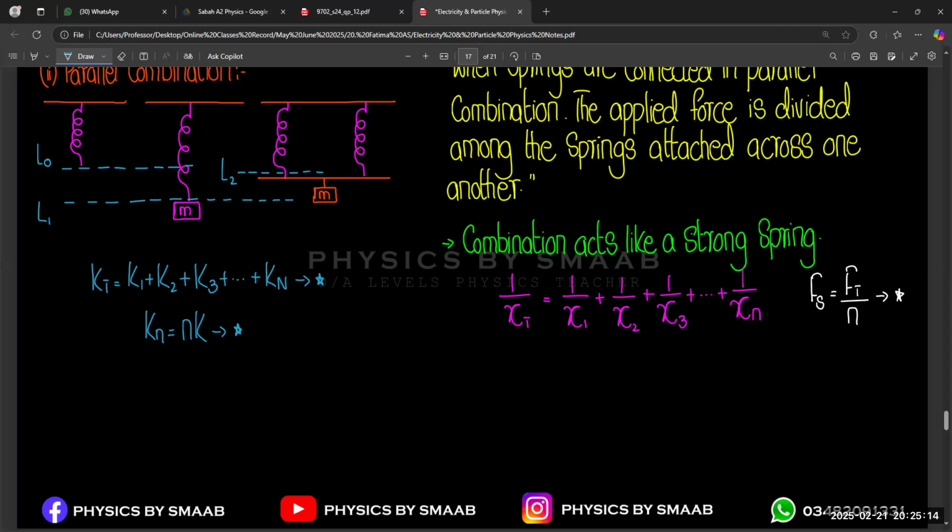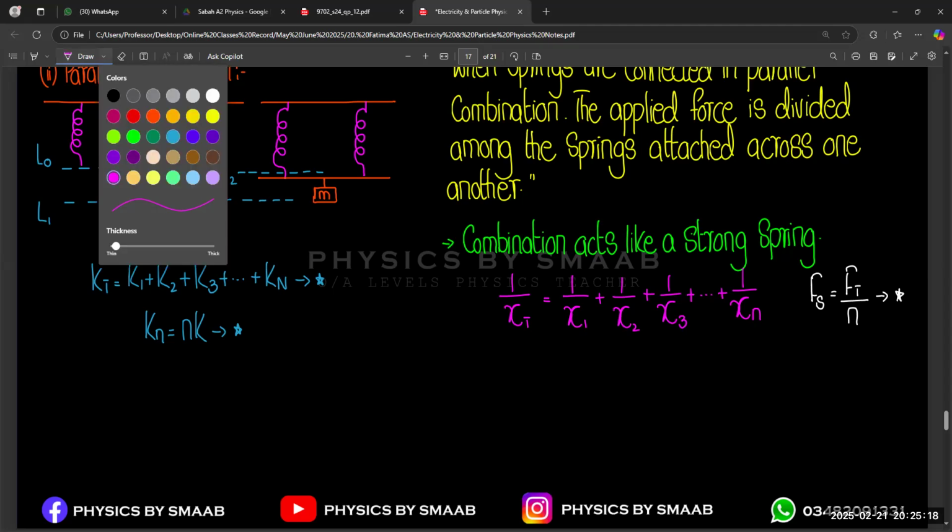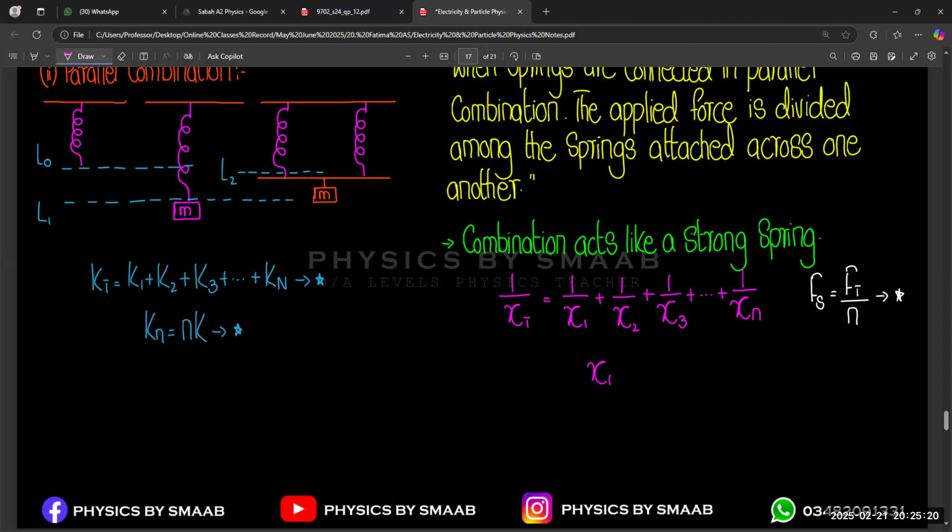And if we talk about the value of x, it works like a strong spring and the value of k will increase, but the value of extension will be divided this time.